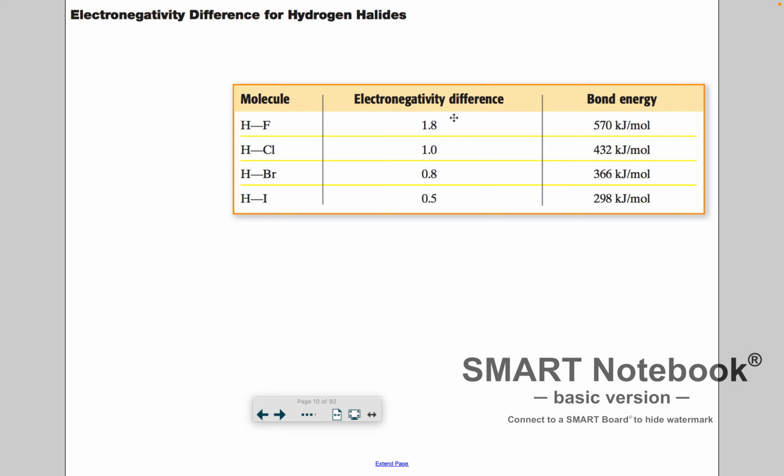So what they're trying to say is that if you have a higher electronegativity difference, the bond energy, the energy required to break it, you're going to need a lot more of it. That's the trend. Now, how would we classify these? These would all be polar covalent. This is right on 0.5, and if it's right on 0.5, it's most likely going to be polar covalent.